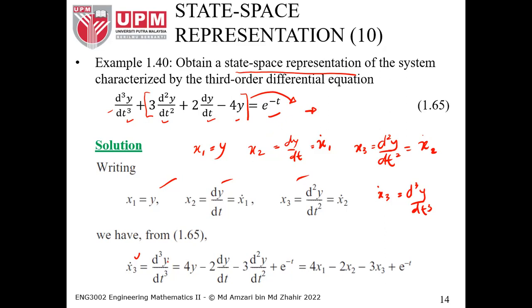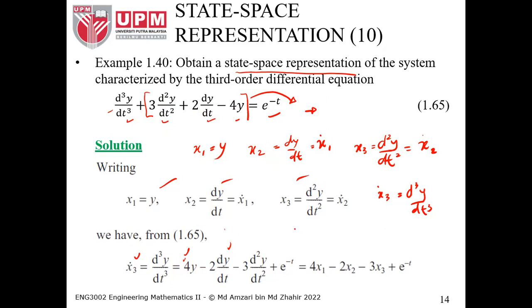Same as the previous one, the 4y term becomes positive 4. The negative 2 dy over dt, when we bring it to the right side, becomes negative 2 dy over dt, and the positive 3 times the double differentiation on the left becomes negative on the right side, plus the exponential of t.